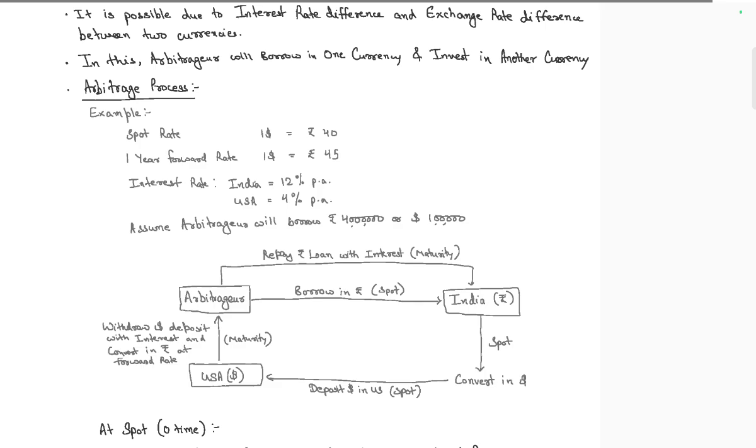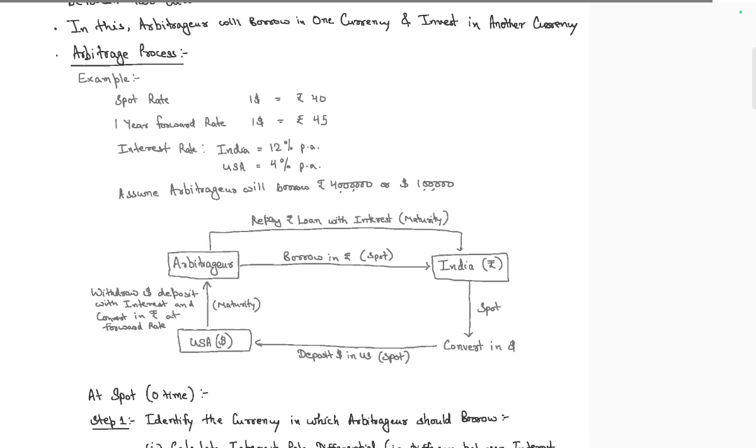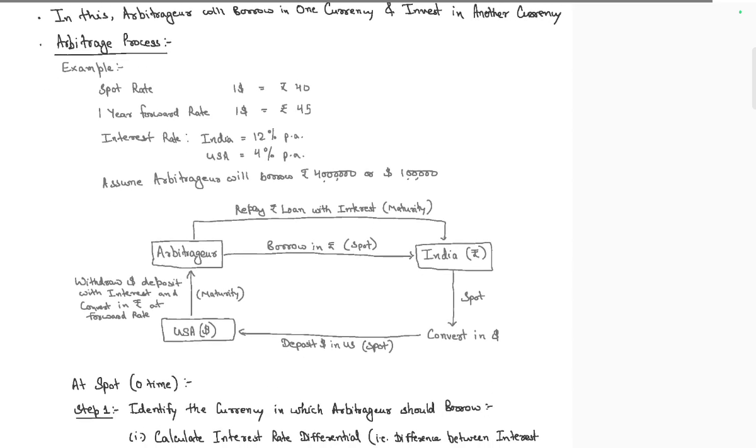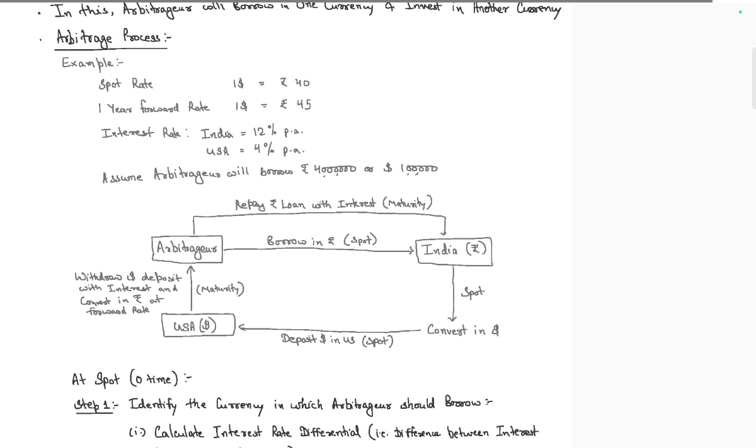Example: spot rate is 40, the 1-year forward rate is 45. Interest rate in India is 12% and in the US it is 4%.